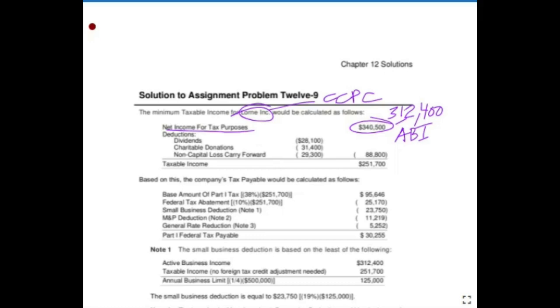It's been determined that $211,300 of the active business income also qualifies as manufacturing and processing profits.